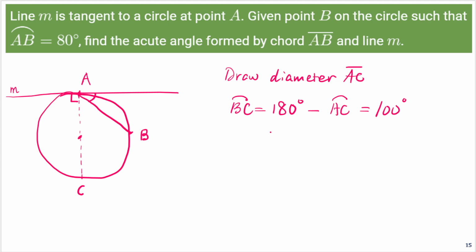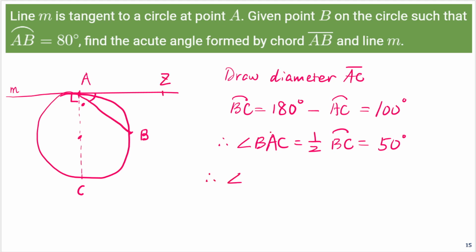So if you know the measure of the arc, of course you can find the angle inscribed in that arc. Therefore, we have angle BAC equals 1/2 of that corresponding arc, which gives us 50 degrees, right? So let's call another point Z here.